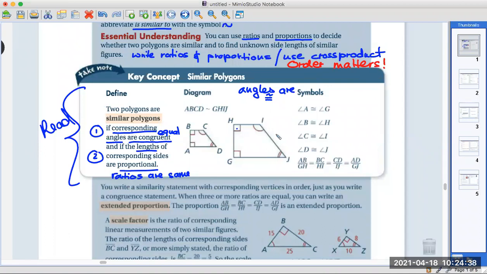Now here's how to write it. The corresponding angles are written like that. These are angles, and the sides are these, and this is called an extended proportion because you have each side. Side AB corresponds to GH, this side, and that should be equal to BC, this side, divided by HI, this side, and so forth.